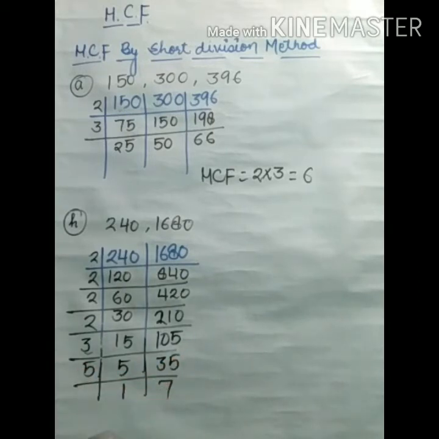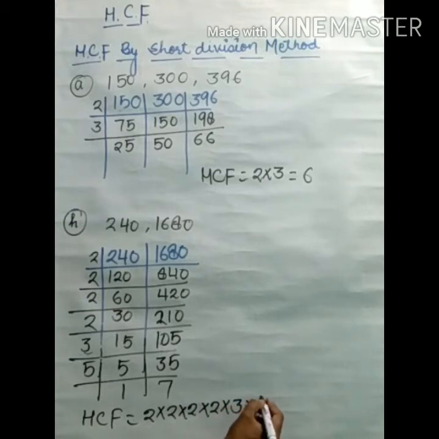So your HCF is equal to the product of these: 2 into 2 into 2 into 2 into 3 into 5, which will equal to 240.